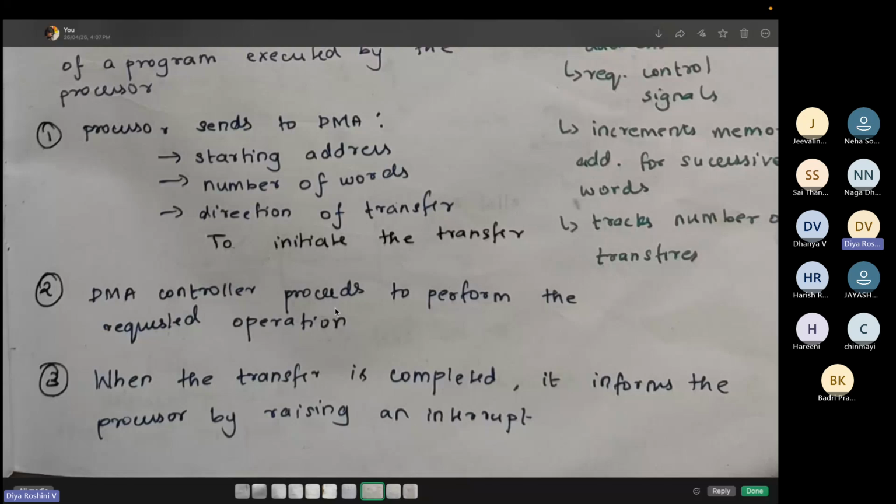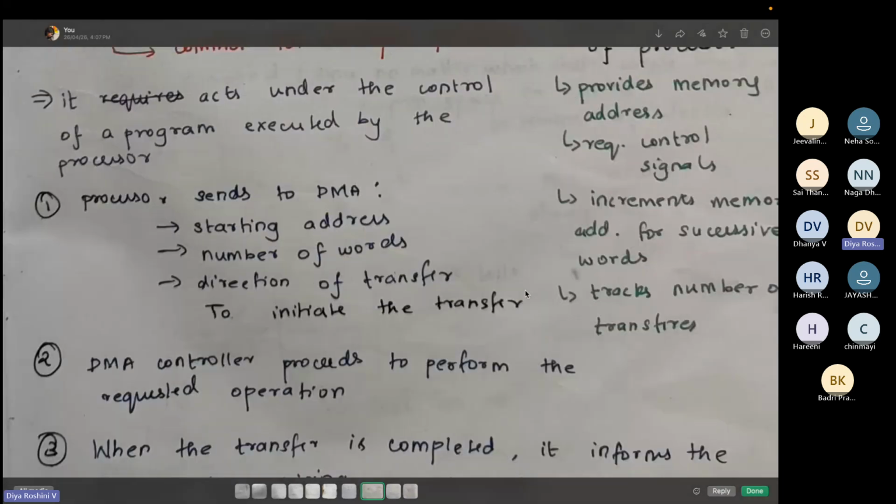During this time, the CPU can work on other stuff. The DMA takes full access of the system bus and does the transfer. When the transfer is completed, it informs the processor by raising an interrupt, basically telling the processor, I am done, and you can finish off this transfer process completely.